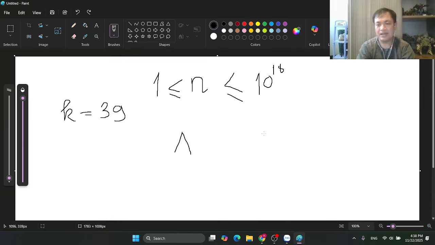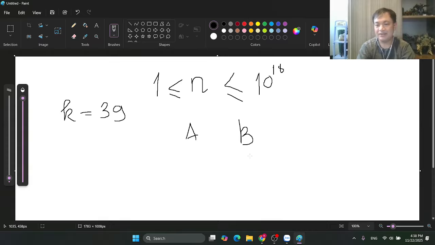You have two players, A and B, and they will alternately take stones.